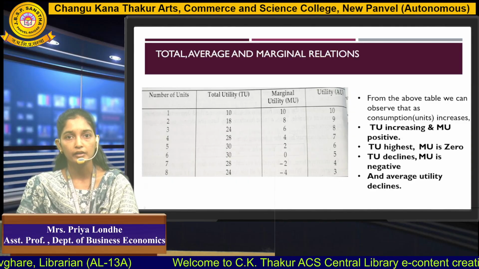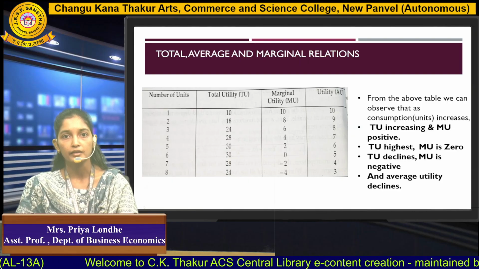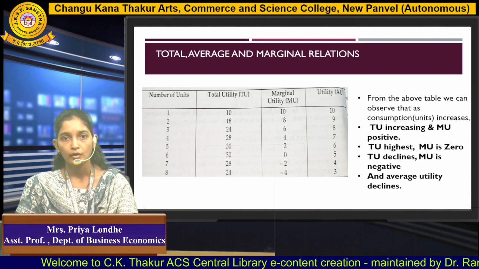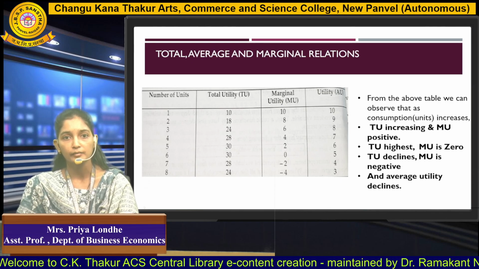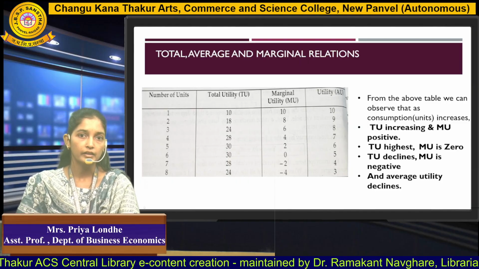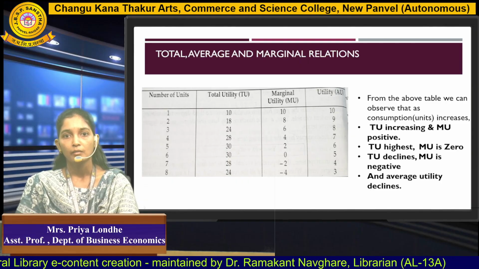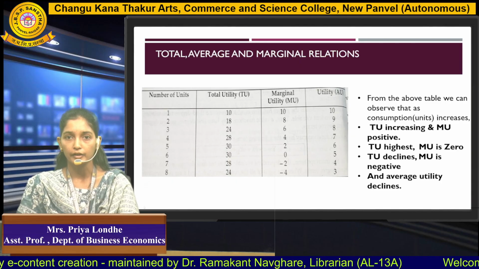When total utility is increasing, marginal utility is positive. When total utility is maximum and constant, that is 40, the marginal utility is 0, and when the total utility declines, marginal utility goes negative.